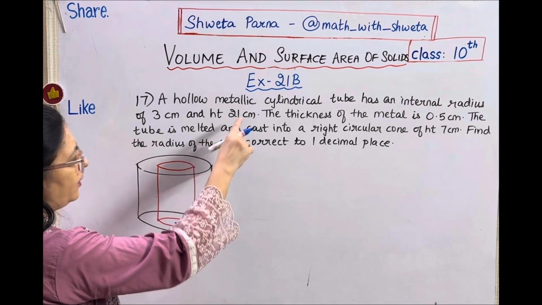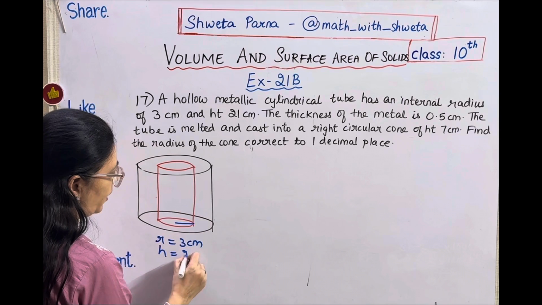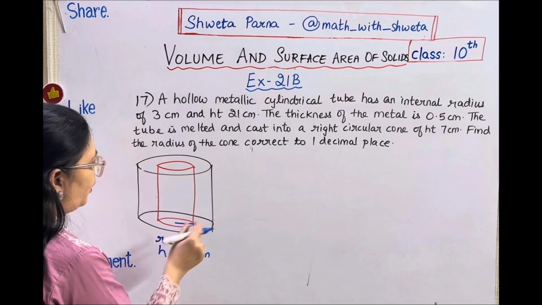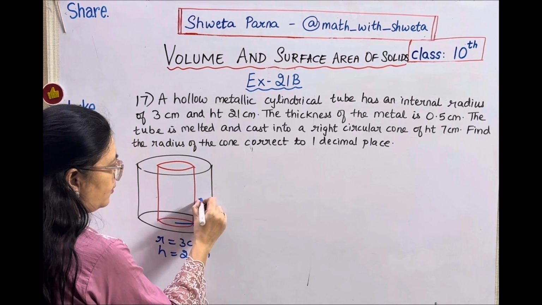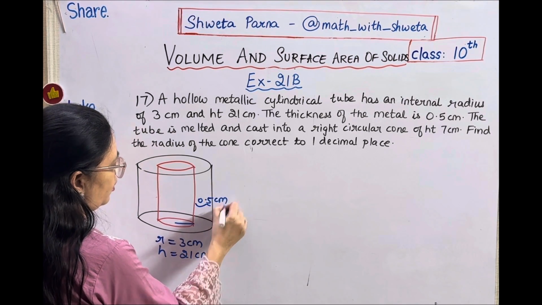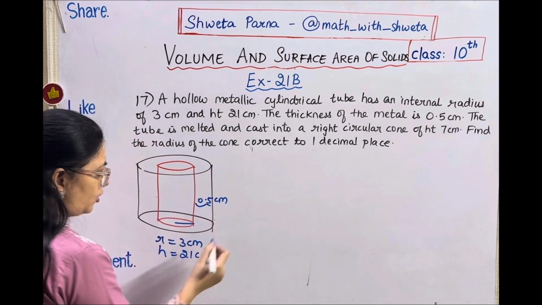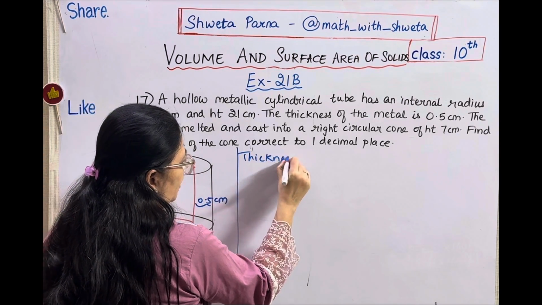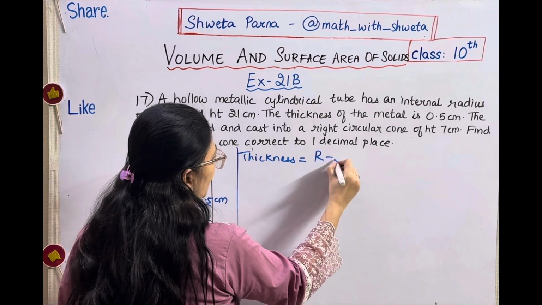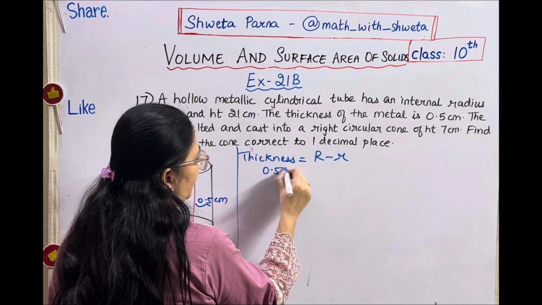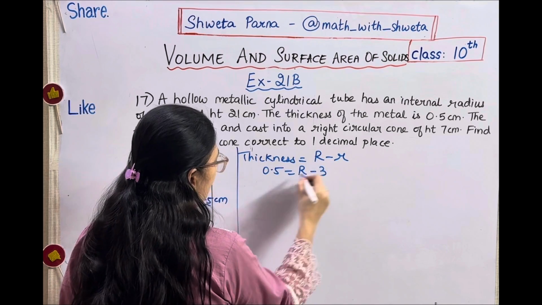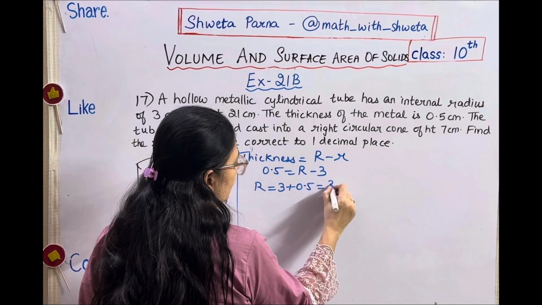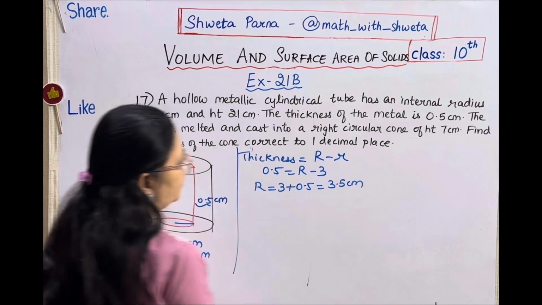Okay. And the height is 21 centimeter. The thickness of the metal is 0.5, this thickness, this is 0.5 centimeter. So what would be the external radius? Thickness is equal to external radius minus small radius. So 0.5 is equal to R minus 3. So R is equal to 3 plus 0.5, which is 3.5 centimeter.